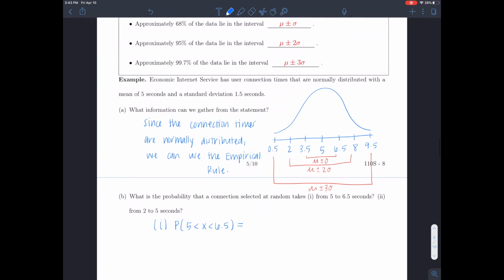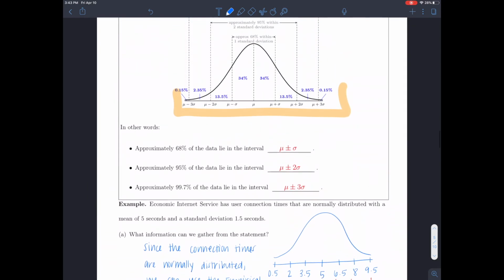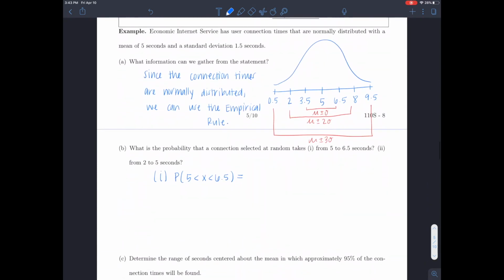So I didn't copy the percentages down onto this picture. But if I go back up and I look at this chart, this would be 5, this would be 6.5, and so I see that the area, or the probability, is 34%. So here, the probability that a connection time selected at random takes from 5 to 6.5 seconds is 34%.